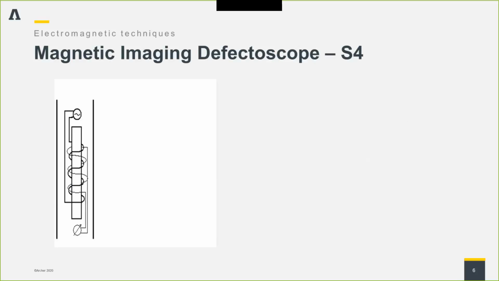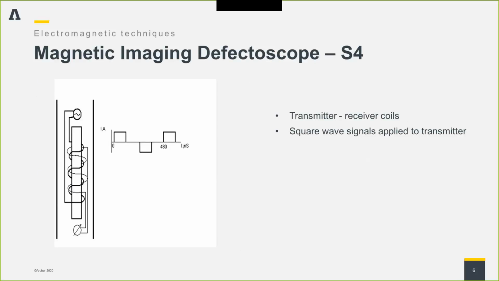We have a transmitter and a receiver coil, and they are wound in the same core, so they are co-located. And what we do is apply a square wave signal to the transmitter. So we provide that square wave to it. That creates a magnetic field which magnetizes the tubular surrounding it.